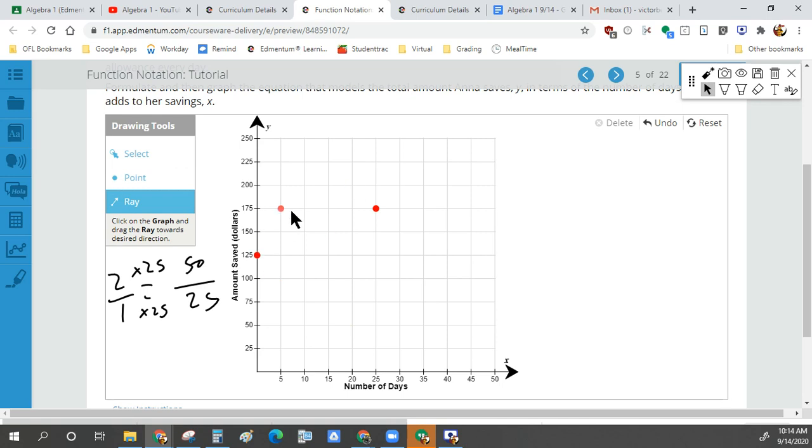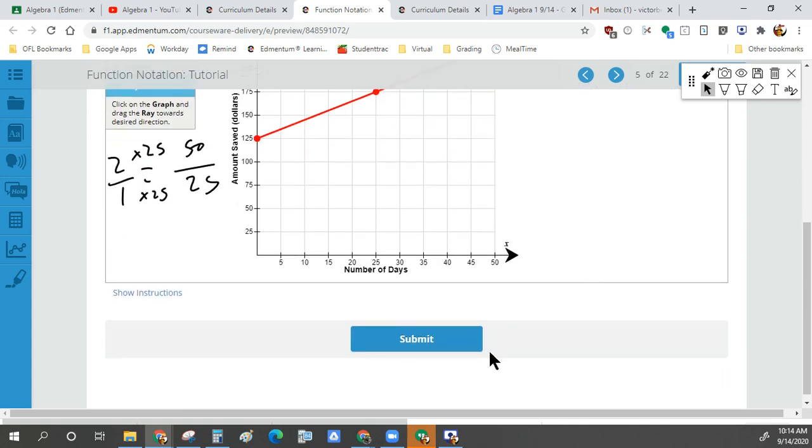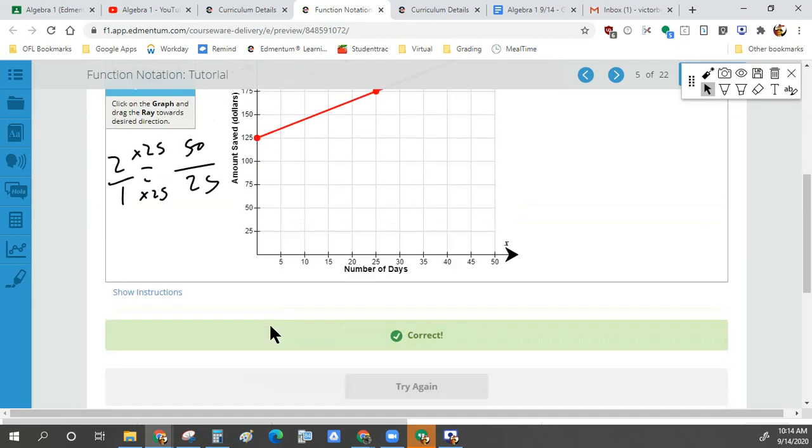Again, if you have a touchpad, you're going to click with one finger, and with the other finger in your other hand, drag it over, and then we get this little line right here. Then you can submit that, and it should say you are accurate.